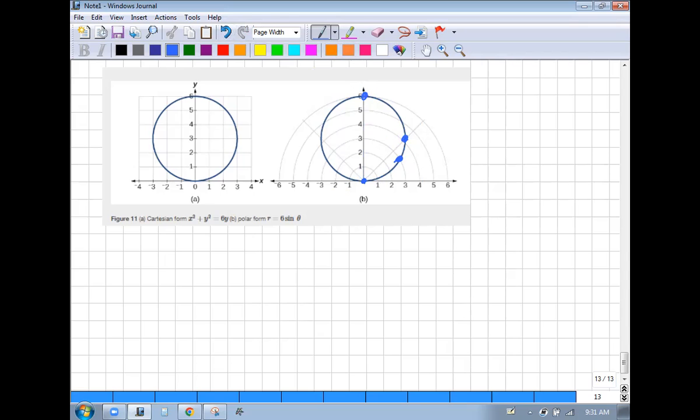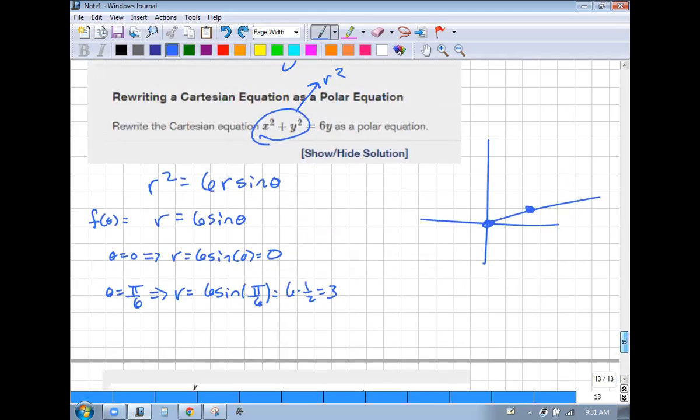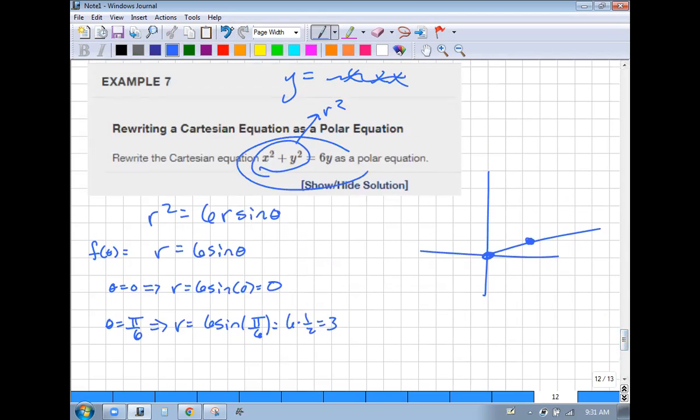So it does look like a circle. I don't know if it is a circle. Looks kind of ovalish, right? 3 to 3, yeah, that's a circle. Because across here is 3, or is 6 and 6. So this is a circle. It's just shifted up by 3 notches, really.